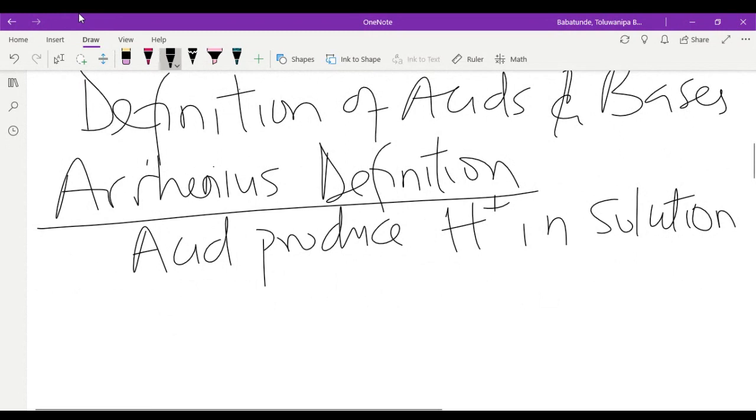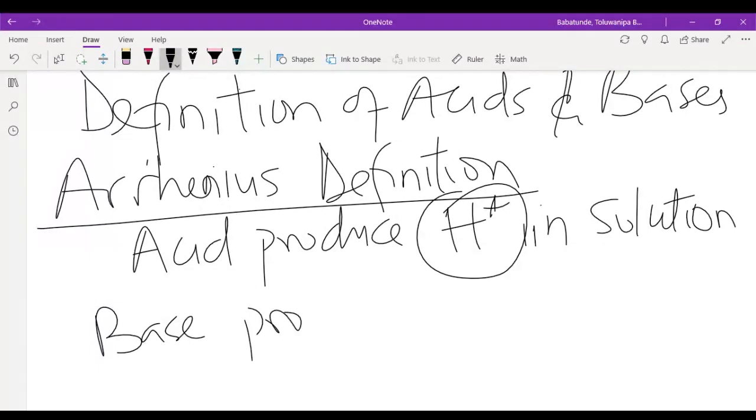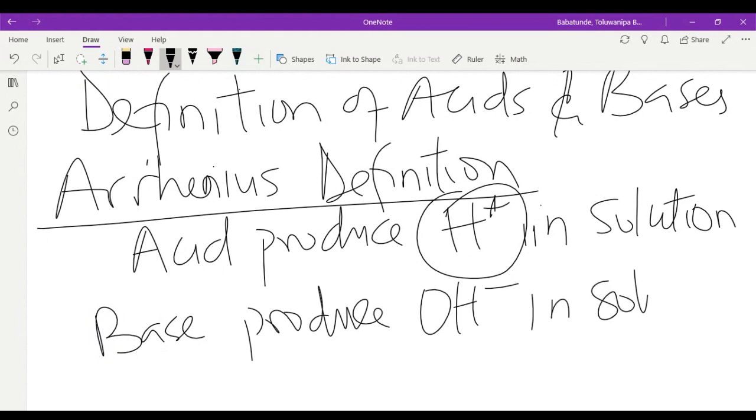Hydrogen ions are always associated with water to form hydronium ion. So anything that produces a hydrogen ion in solution is an acid. And according to Arrhenius, a base is anything that produces a hydroxide ion in solution. That is Arrhenius' definition of acid and base.